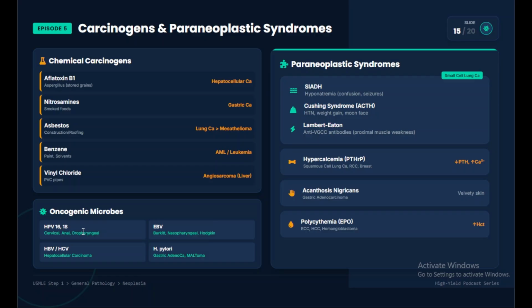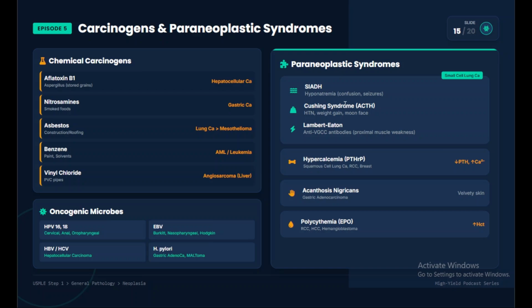Okay. Now, if we talk about paraneoplastic syndromes, they are remote effects of the tumors, often due to hormone or cytokine production. In small cell lung cancer, patients usually have SIADH, in which there is a lot of secretion of ADH, and there is hyponatremia due to excess fluid in the body, and that leads to confusion and seizures.